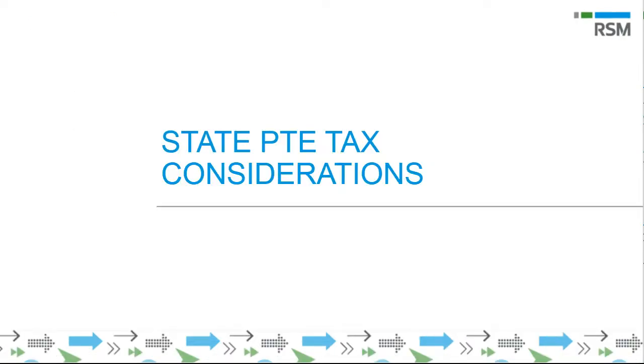We're actually going to start off today with a little bit of the background of pass-through entity taxes, how we've gotten here, states that have currently implemented them, and states that are contemplating passing them in the near future. We're going to go through some of the overall general intent of the pass-through entity taxes, some of the thoughts, considerations and risks from a state perspective, and then ultimately a lot of the federal issues.